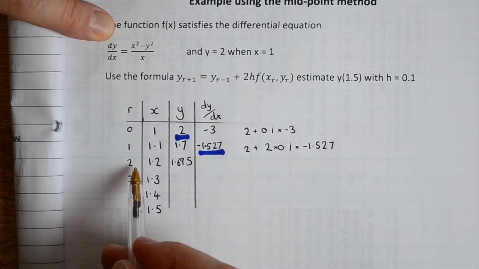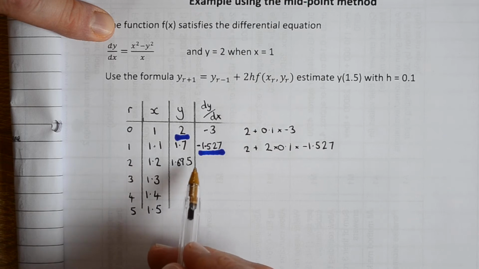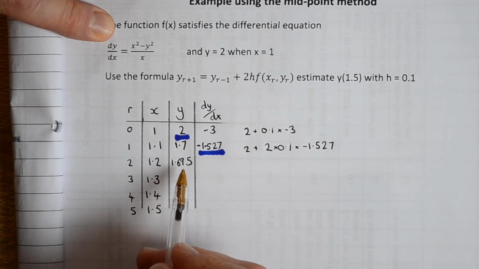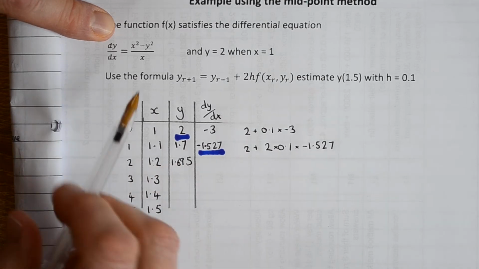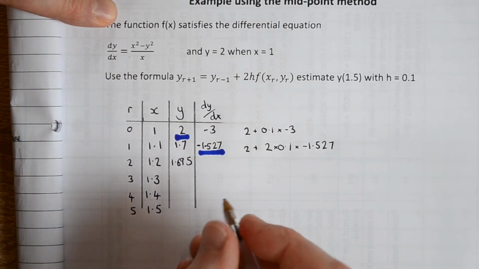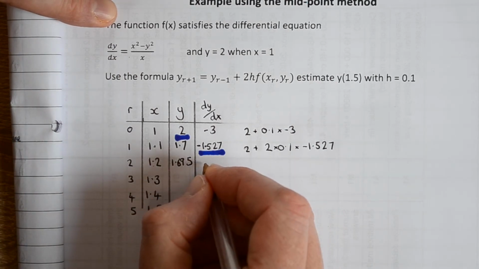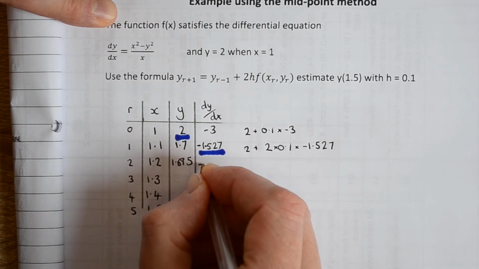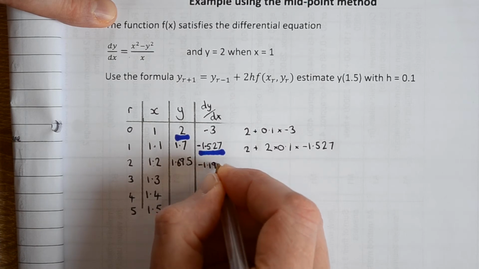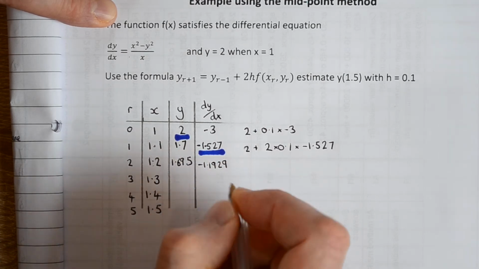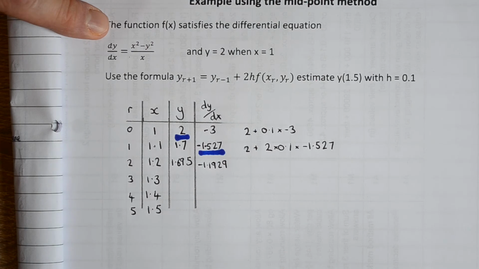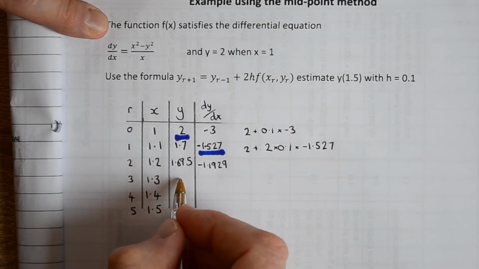Okay, so at the end of step 2, start step 3, we can find the gradient at this point. So again, sub our values into our differential equation, and we get -1.1929. Right, now we're ready to find our y value here in step 3.